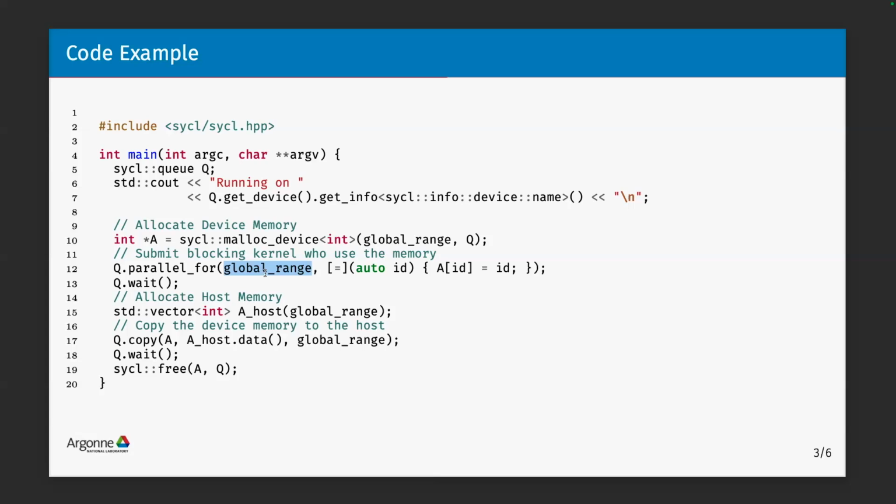If you come from MPI, an easier mapping is, for example, the size of your COMM world, the number of processes. It is your iteration space. So for example, here, if global range is 20, the size of my array will be 20. You're right, I should have defined it. I copy-pasted too fast. So you can just imagine the size.